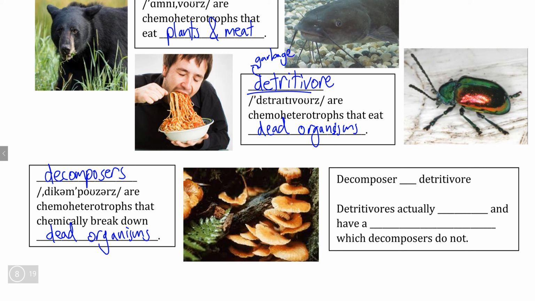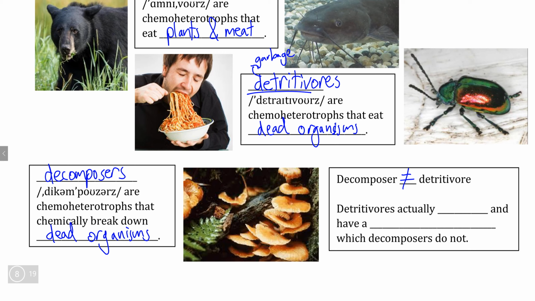Now, the definitions of detritivores and decomposers look very similar. They're both chemoheterotrophs, and they both get their energy from consuming dead organisms, but these two words are actually not the same and have a slight variation.